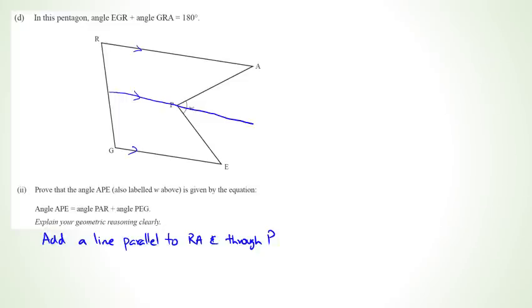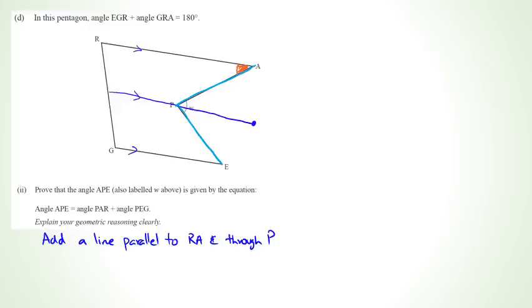Okay, now I'm trying to figure out what angle APE is. Angle APE is that one there, and I'm trying to prove that it's PAR plus PEG. Now PAR is this angle here. So what I could do then, because it's angle PAR, is create another point here, folks.